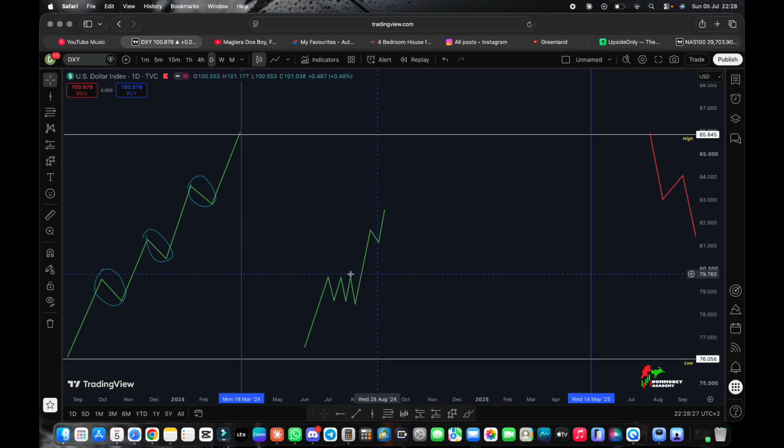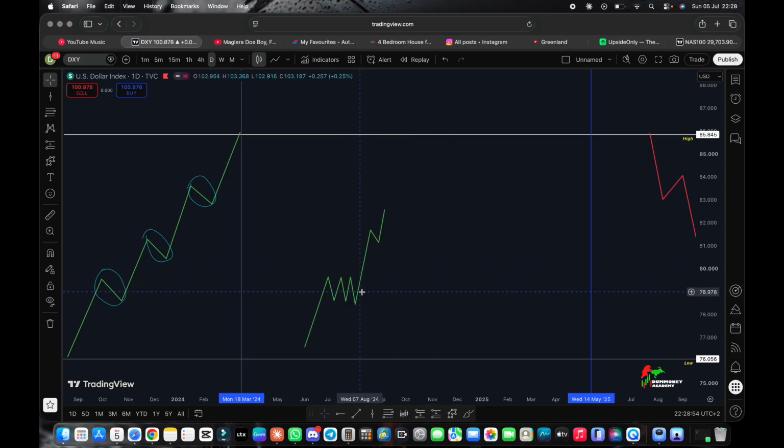So in these pullbacks, guys, as you can see, we have different time frames, right? The time frame is where the market actually is at the moment. If I may go deeper into it, in each and every chart there's a time frame.